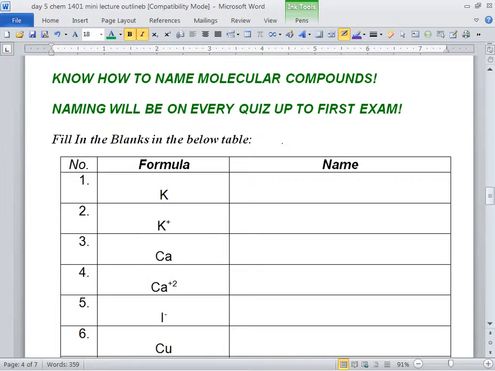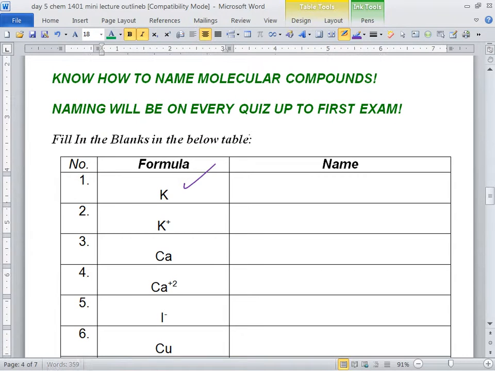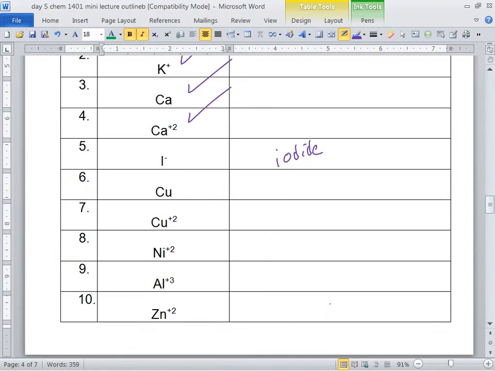Okay, so did you get these? So hopefully you named potassium, potassium, calcium, calcium, and iodide. Good. Iodide. Try the next 5. Or just finish this, yeah, next 5. Finish the box.